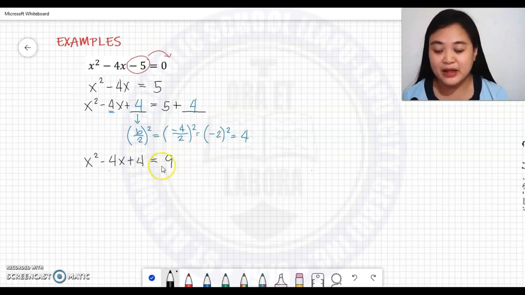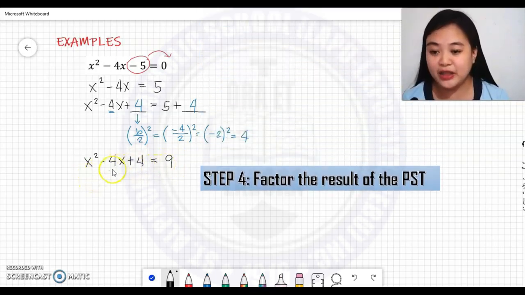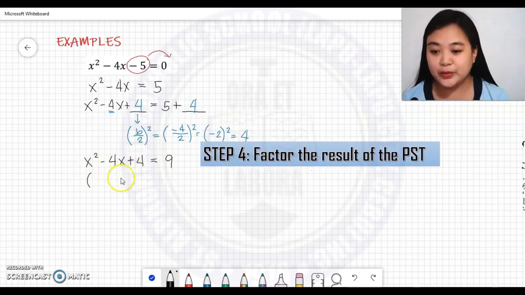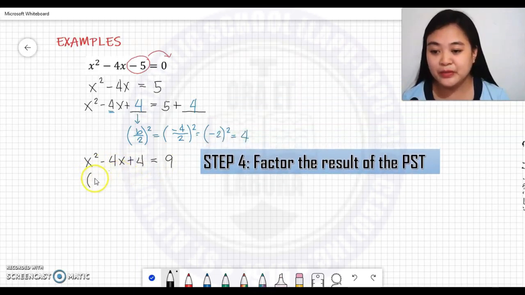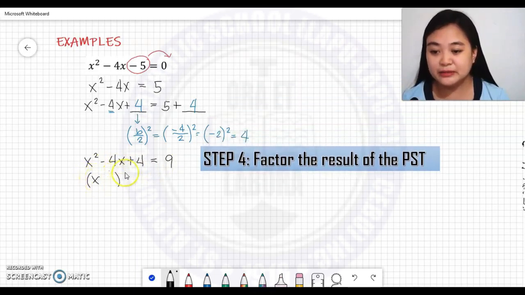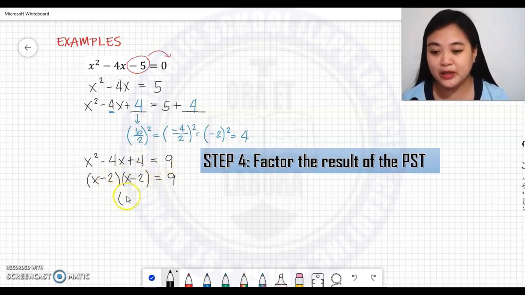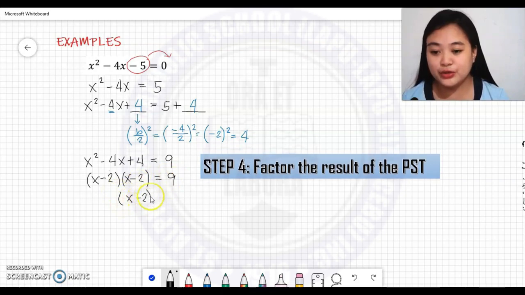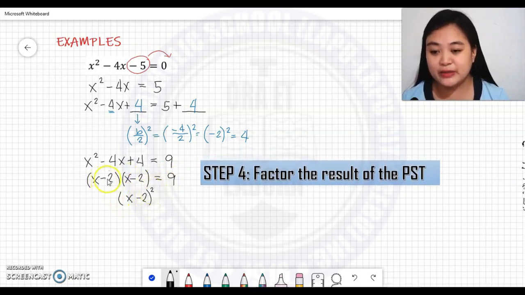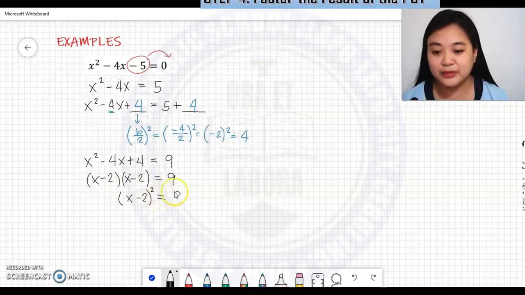Next, we will factor this out. It will become x minus, what is the square root of 4? 2, equals 9. Then we simplify. It will become x minus 2, squared, equals 9.